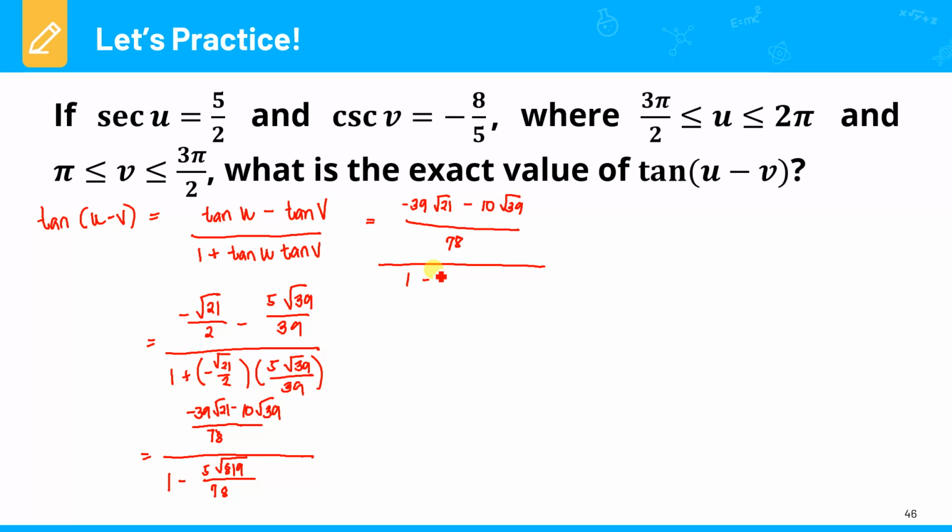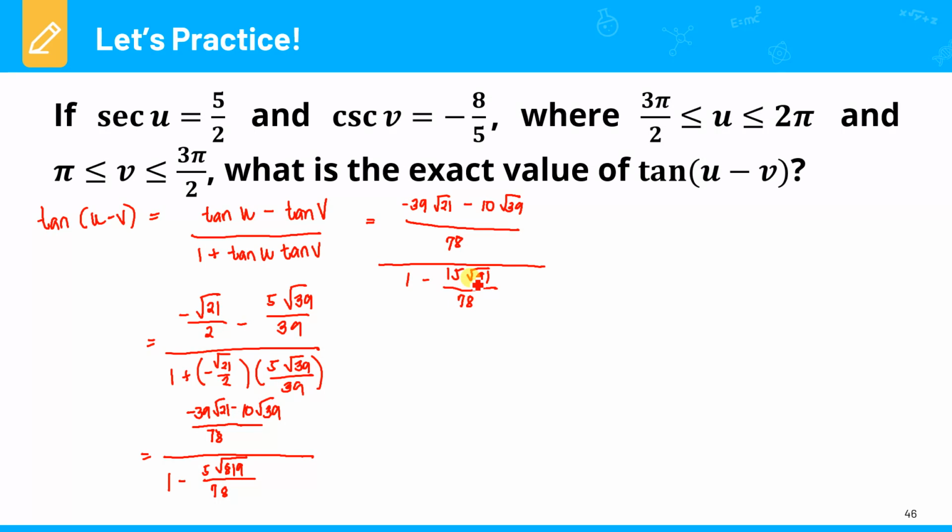The 819 can be expressed as 9 times 91. Square root of 9 is 3, so you have 15 square root of 91 over 78.